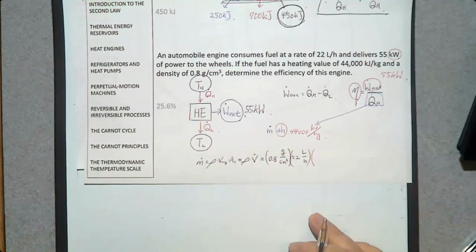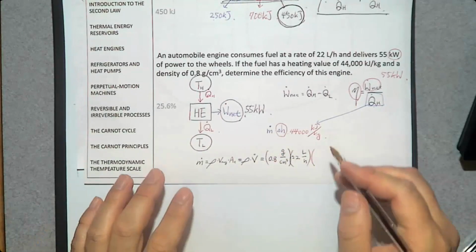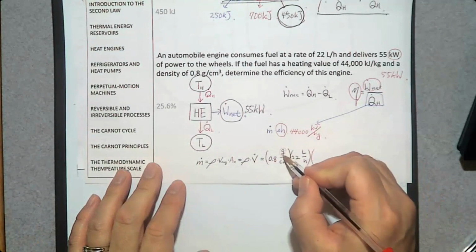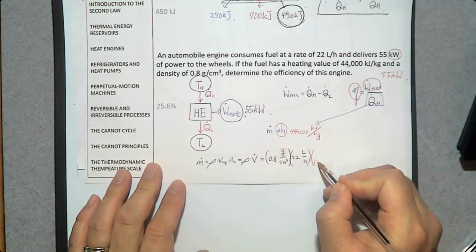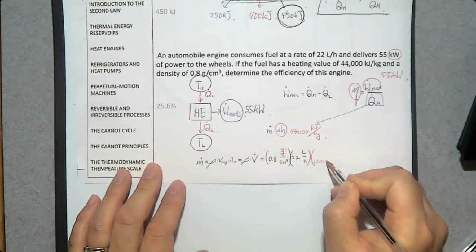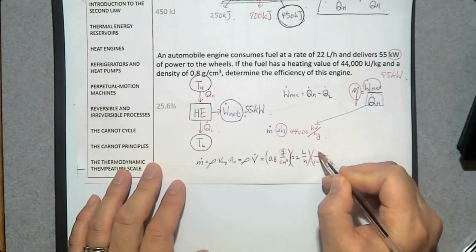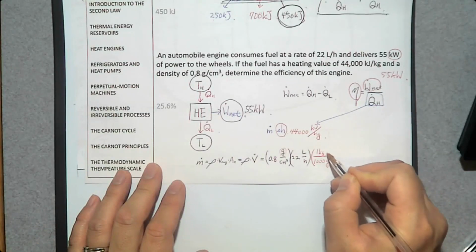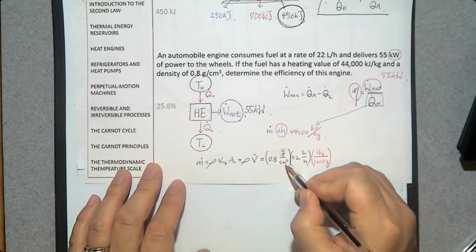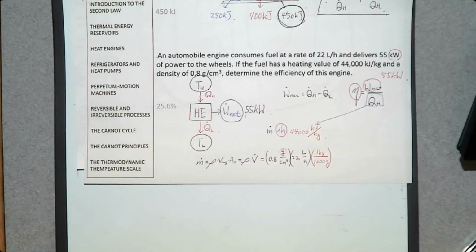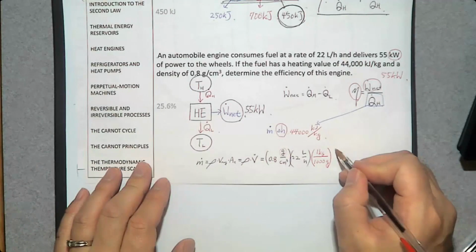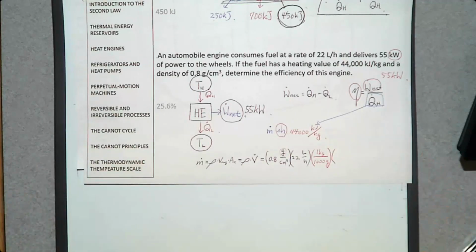Now there's a gram. 1,000 gram is 1 kilogram. So if you want to remove this gram, we're going to put this gram in the denominator. 1,000 gram is what? 1 kilogram. Then we have a centimeter cube. We don't like centimeters. We like meters. One meter is 100 centimeters.